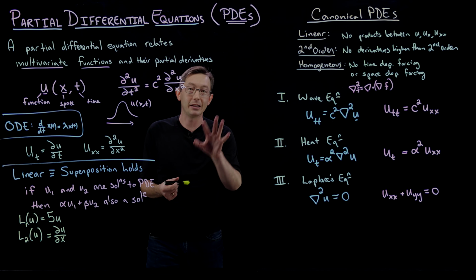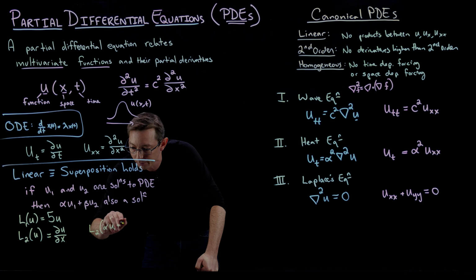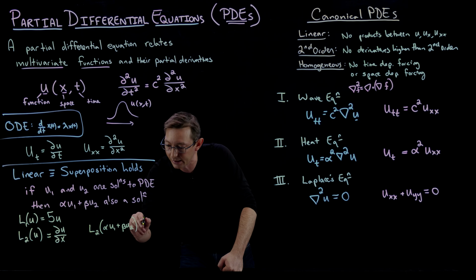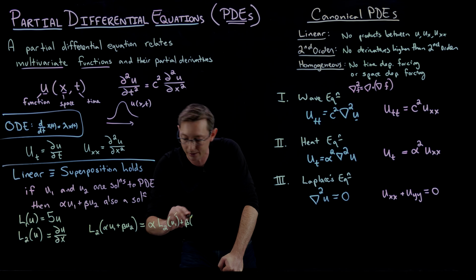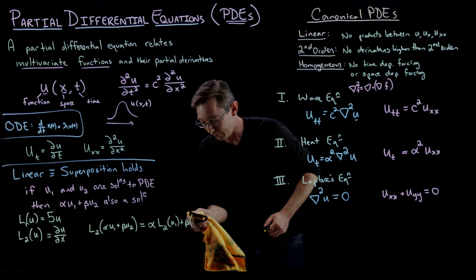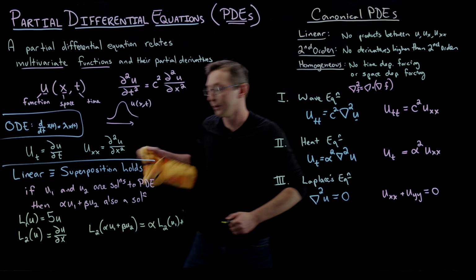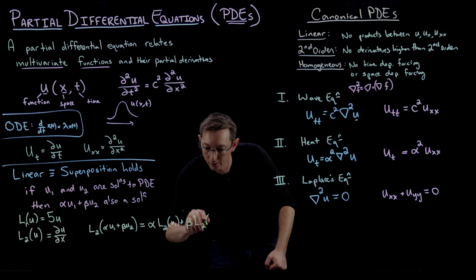And so I want you to actually verify that L of alpha u1 plus beta u2, right? So if u1 and u2 are solutions, then I want you to plug in this and confirm that this is alpha times the operator of u1 plus beta times the operator of u2.